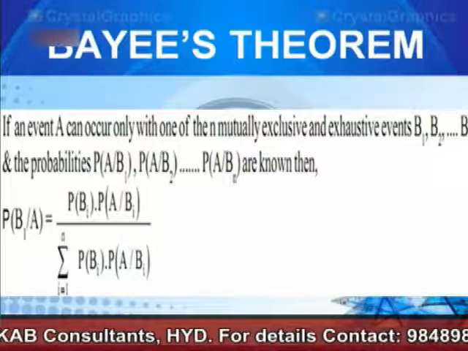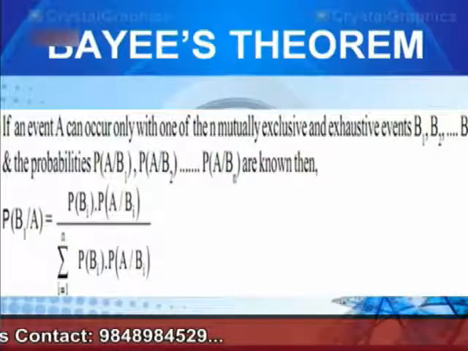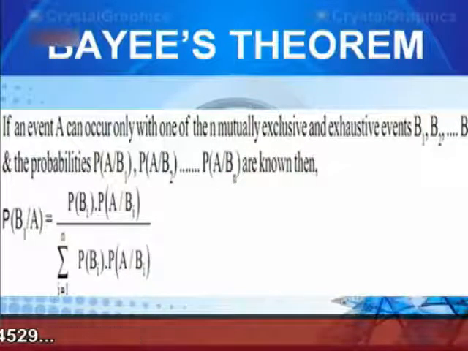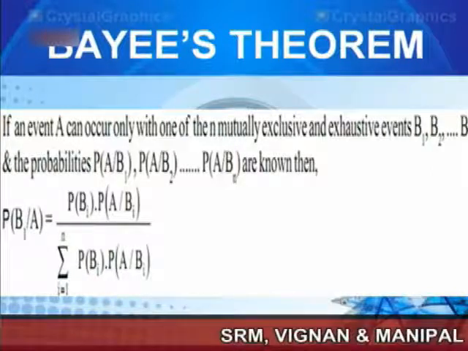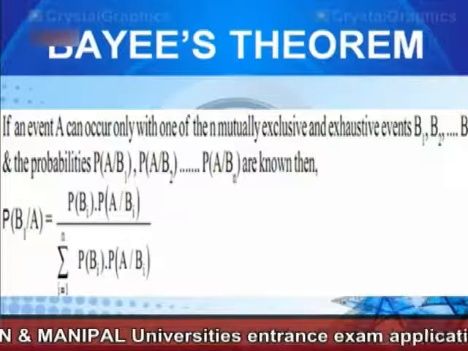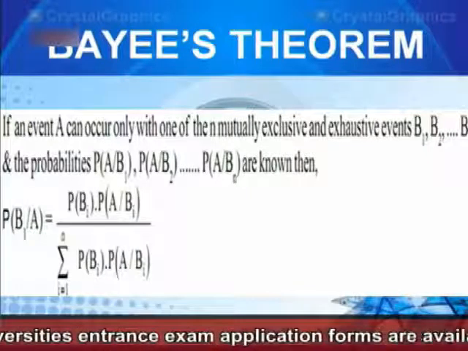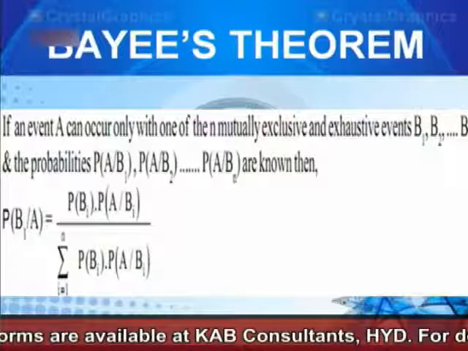The probabilities of P of A given B1, P of A given B2, and so on, P of A given Bi are known to us. You must know all of them. If you add all of them, you will be getting the sum of the probabilities.